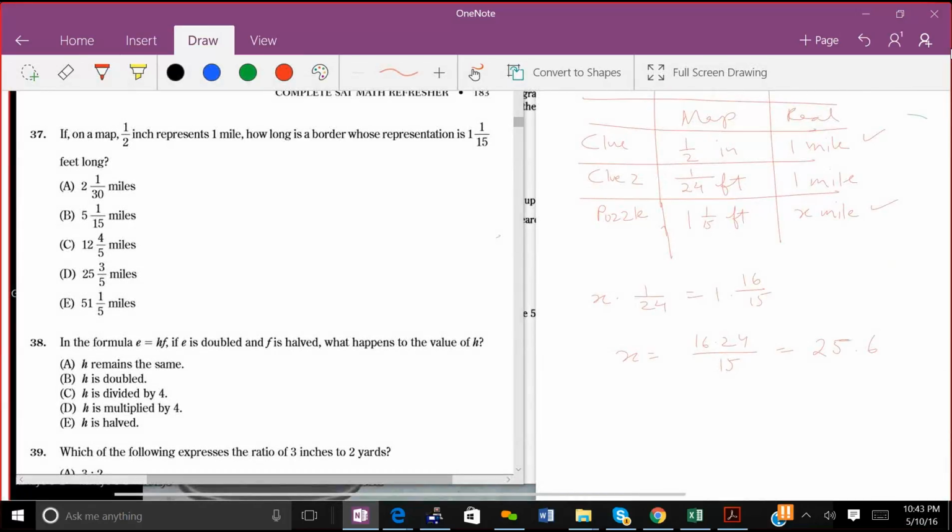Okay, go ahead and try 38. The formula is E equals HF. If E is doubled and H is halved, what happens to the value of F? Okay.